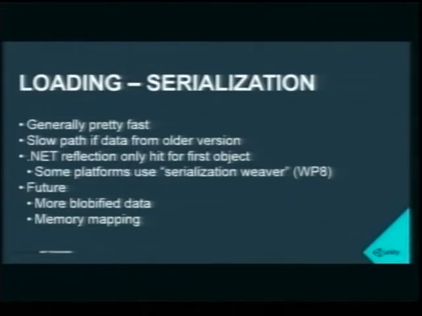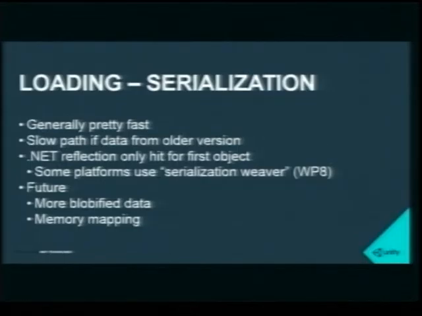A different topic in loading, of course, is serialization. In case you're unfamiliar with the term, it's what we refer to when we take object graphs and linearize them, turning them into a linear representation in memory or on disk, either in textual or binary form, and then convert that representation back into an object graph.